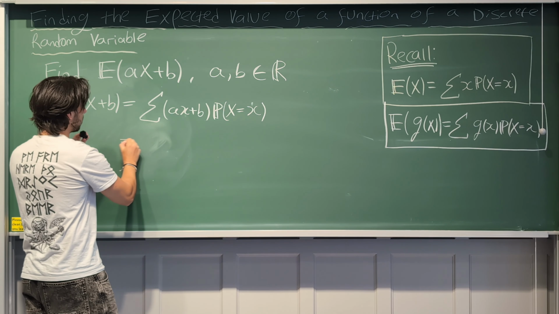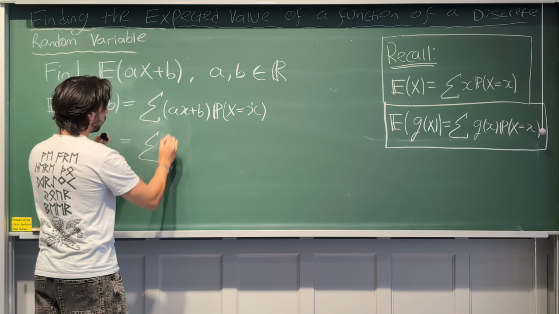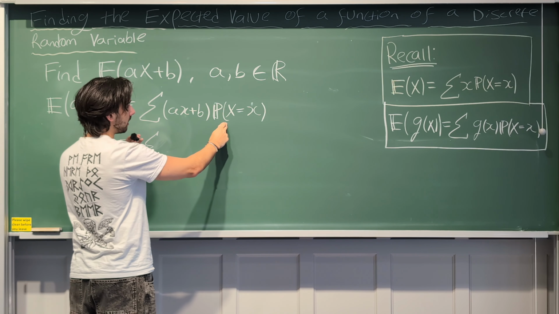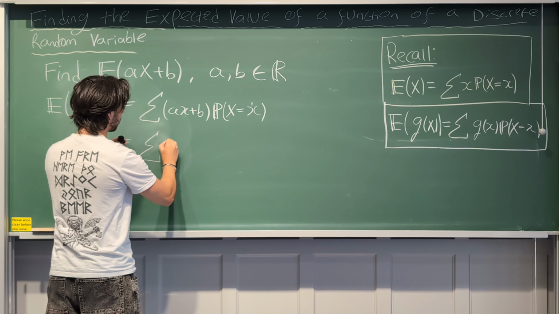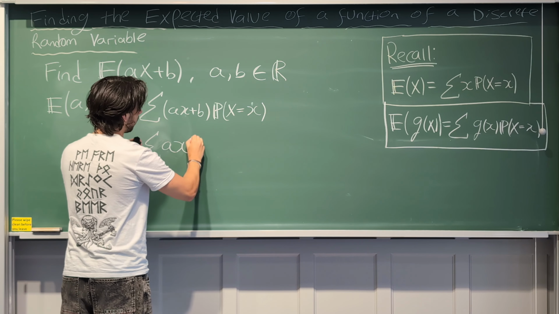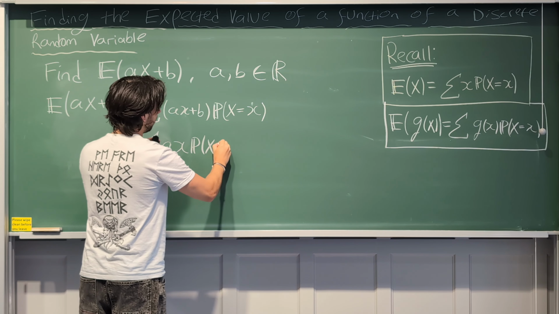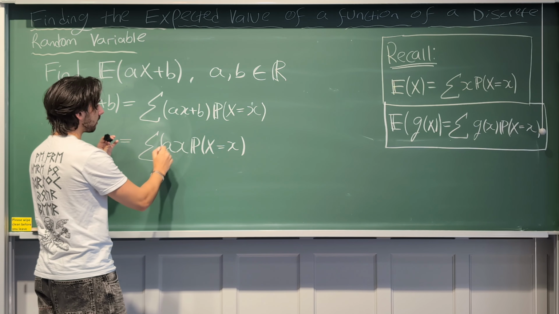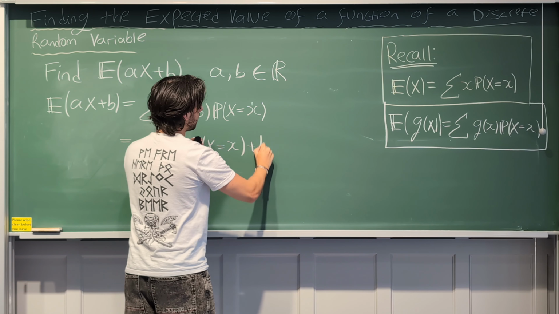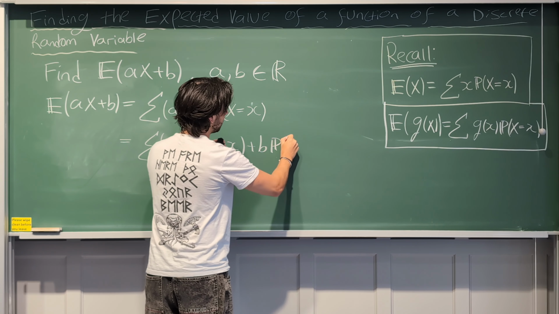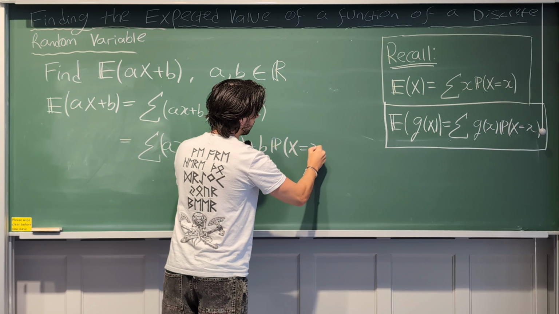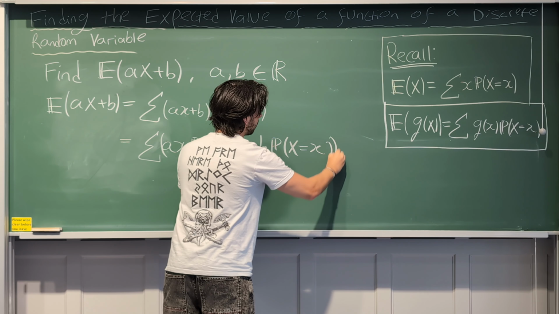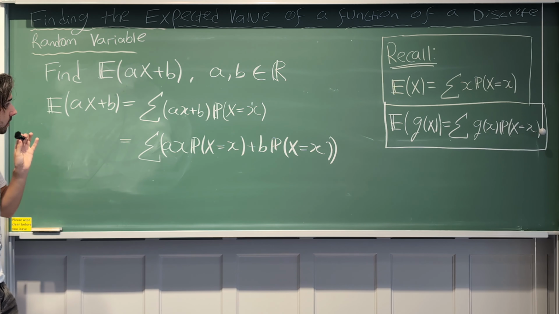Staying inside the sum, we've got ax times the probability that X equals x, and we're adding, all inside of the sum, b times the probability that big X equals little x, close bracket.